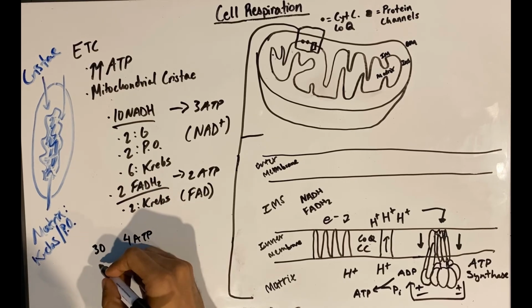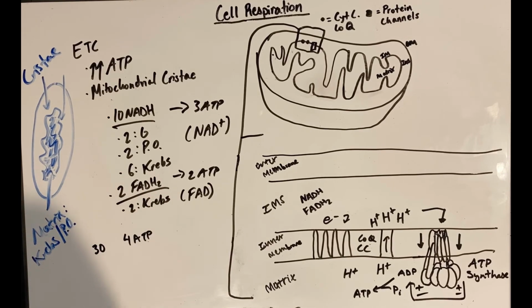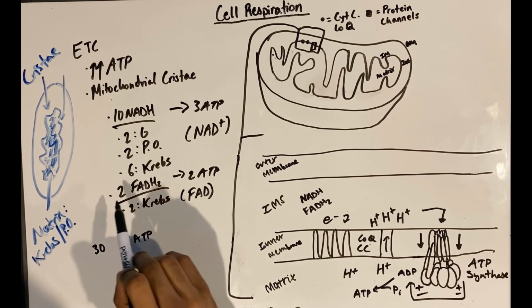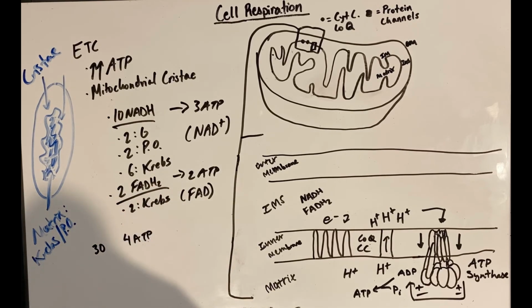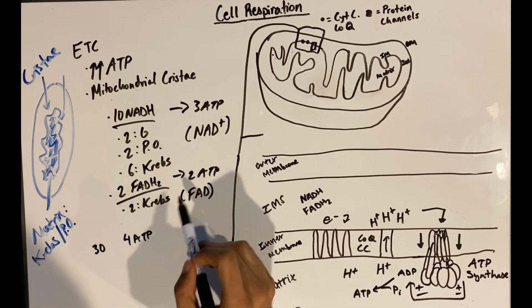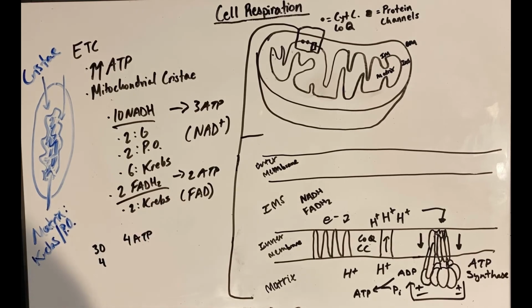Then we have 4 ATP generated from FADH2, because if one FADH2 generates 2 ATP, then 2 FADH2 is going to generate 2 times 2, which is 4 ATP.